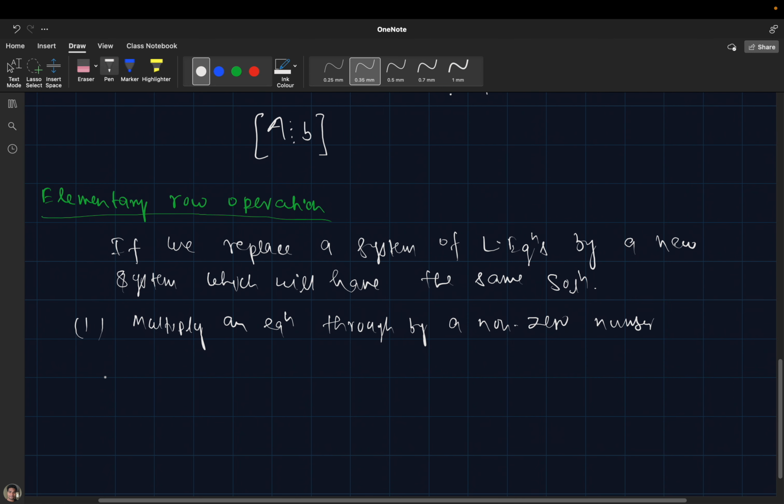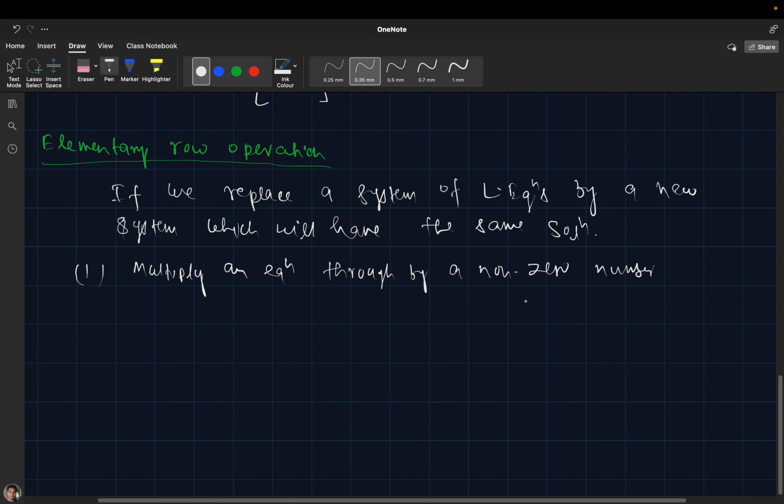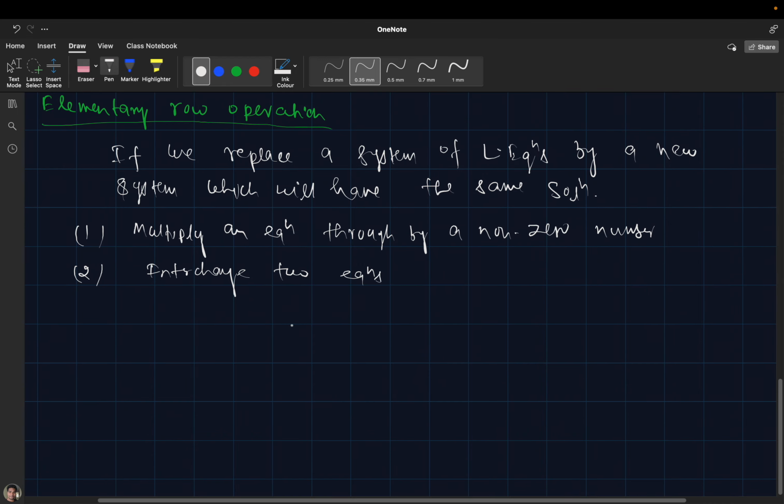In this operation, if you multiply an equation by a non-zero number, the solution will remain the same. In the second operation, you interchange two equations. In this case also the solution will remain the same if we interchange any two equations.